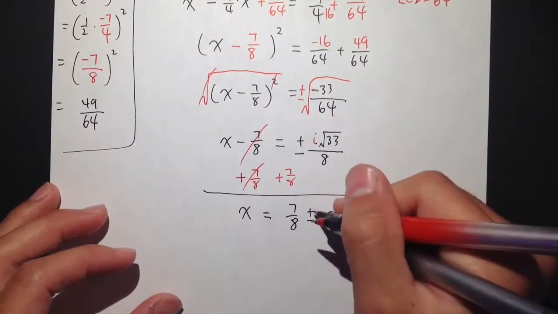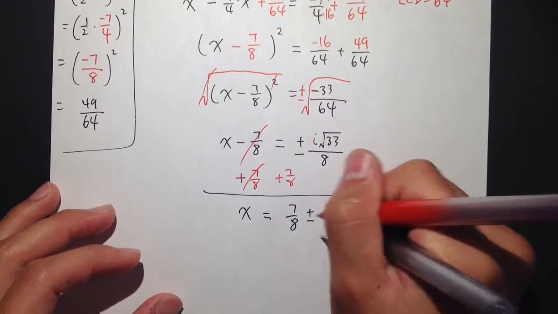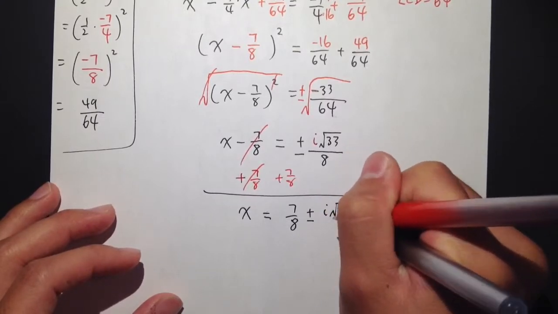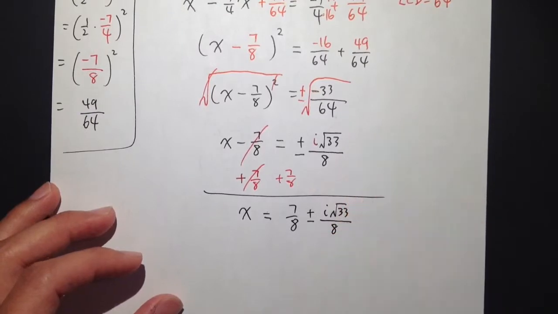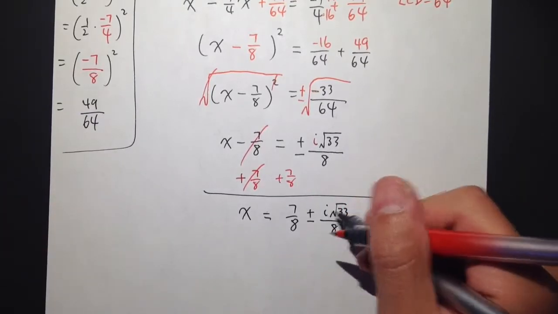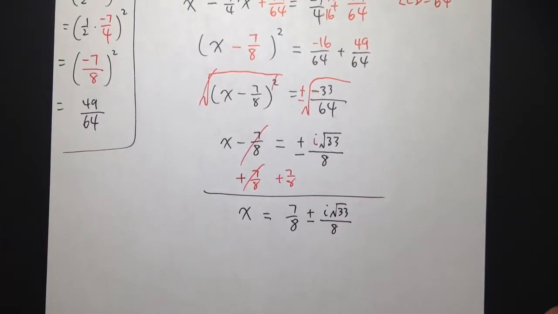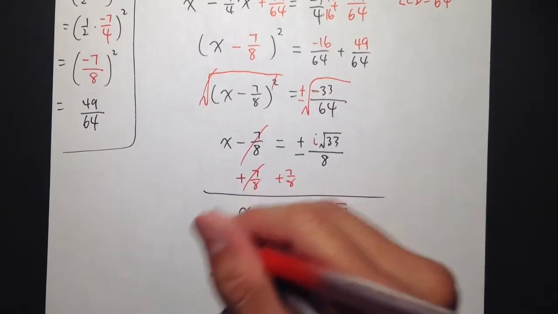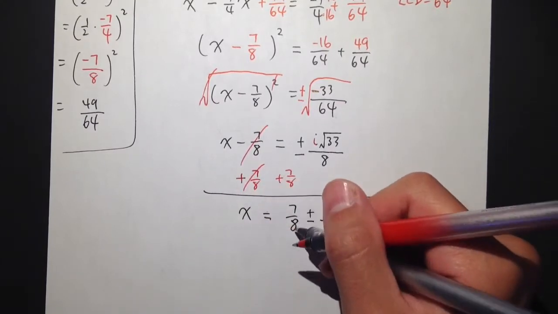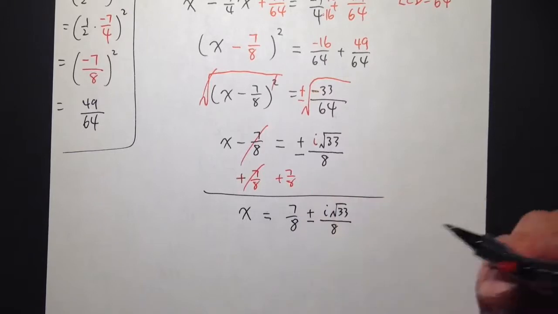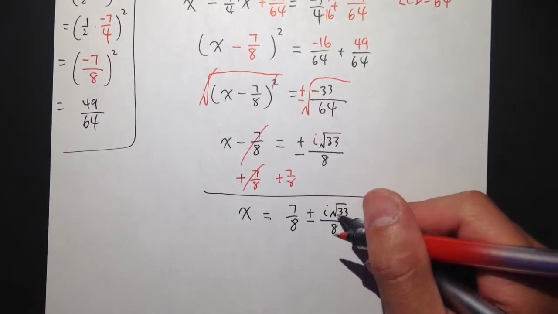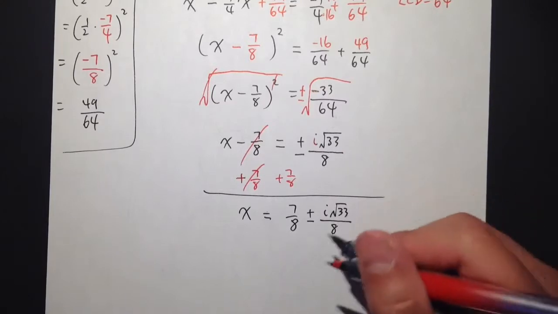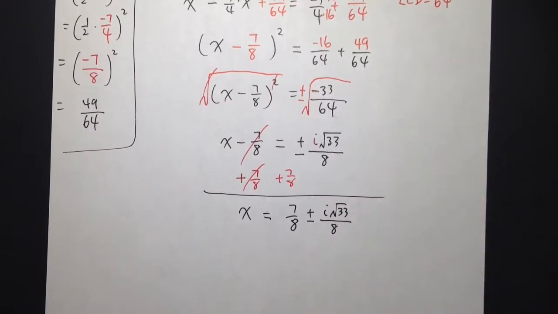So 7/8 plus minus i square root of 33 over 8. And we put the i in front of the square root. Okay? So this is the answer, and 7/8 we cannot reduce, so there's nothing that we can do. And square root of 33 we cannot simplify, over 8, that's it.